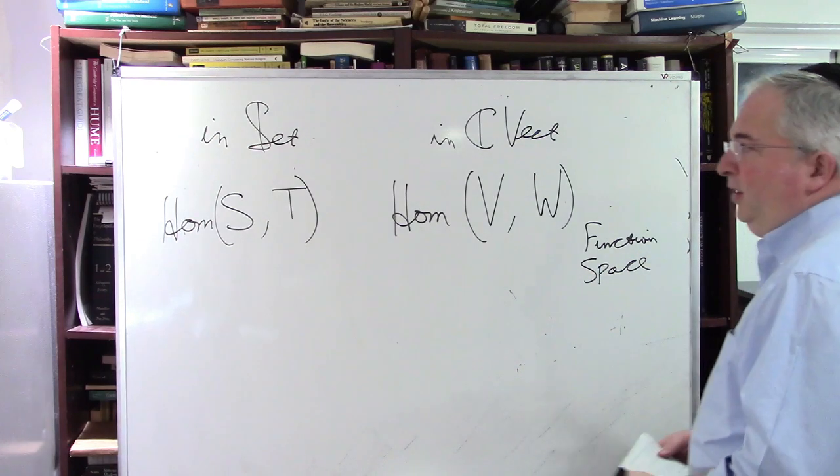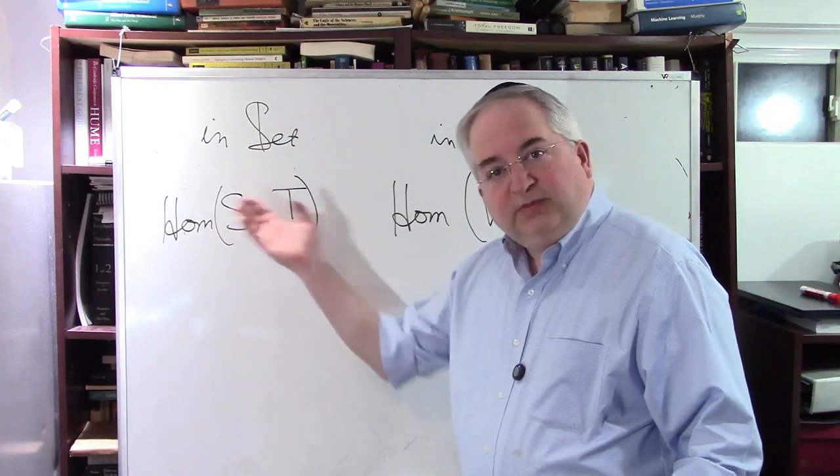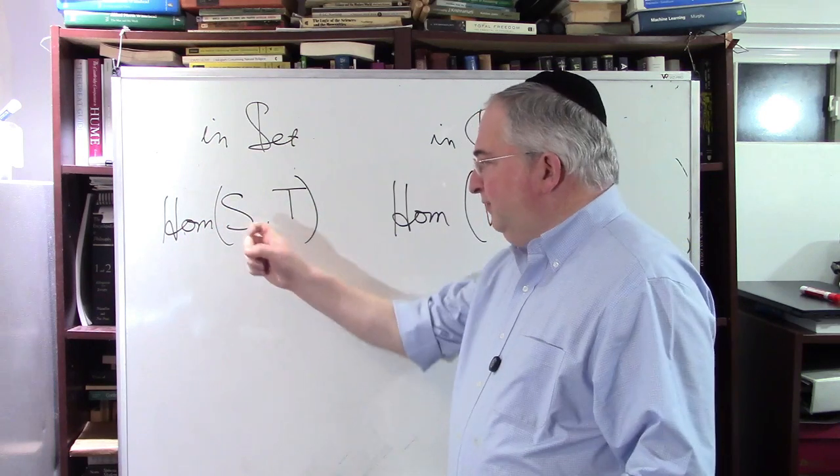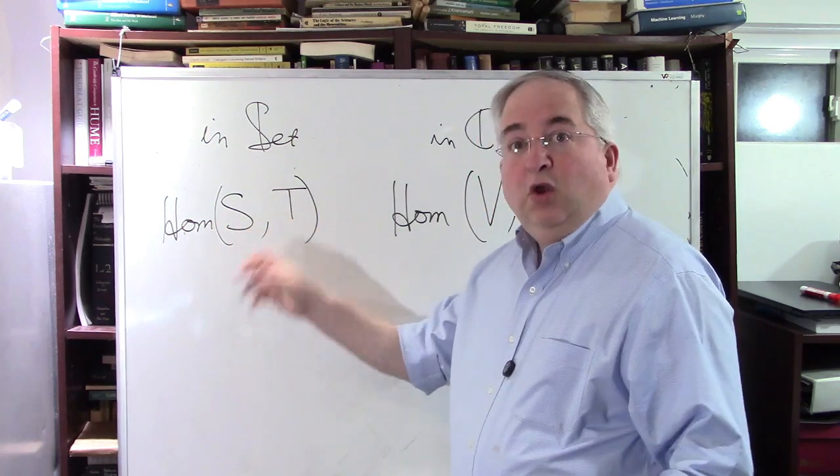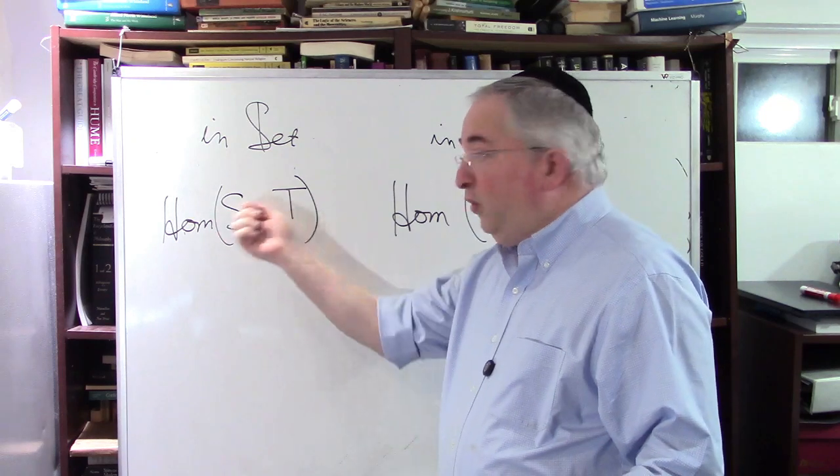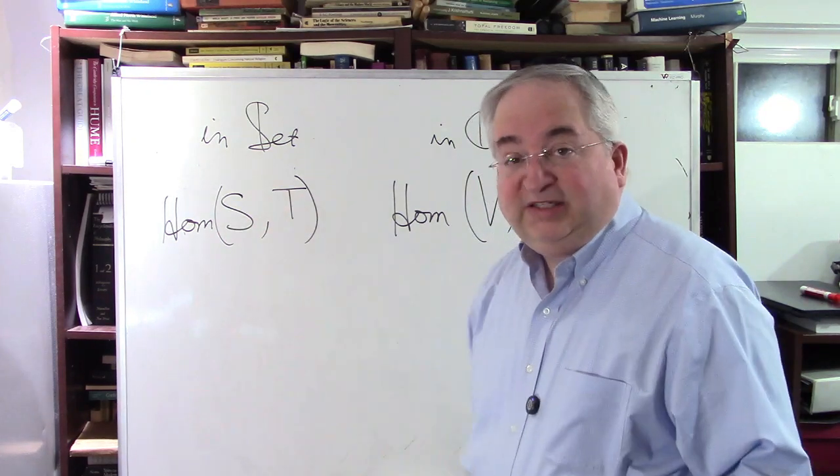In sets, given a set S and a set T, we can form the operation and look at all the functions from here to here, and we get a set.